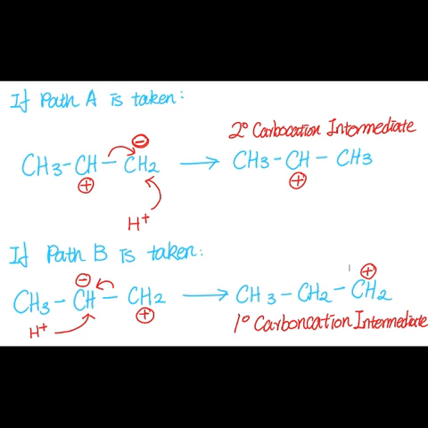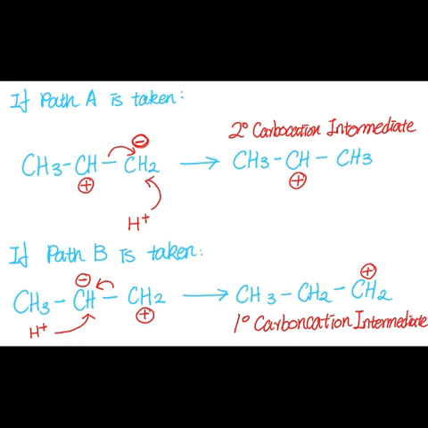So after that happened, the electrophile, our hydrogen ion here, will attach to the carbon which is more negative, right? Because it's got more electrons there. So this will give us a secondary carbocation intermediate.